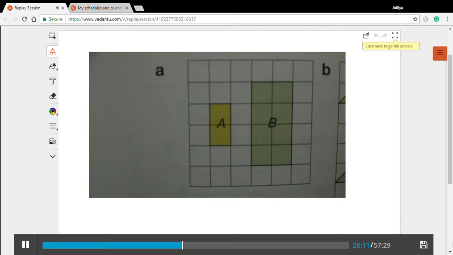Now, how to get the center of enlargement? For that, let me see. I think it can be somewhere over here, right here, because you can draw a line over here and a line over there. Can you enable your pen tool? I can't see where you are pointing.